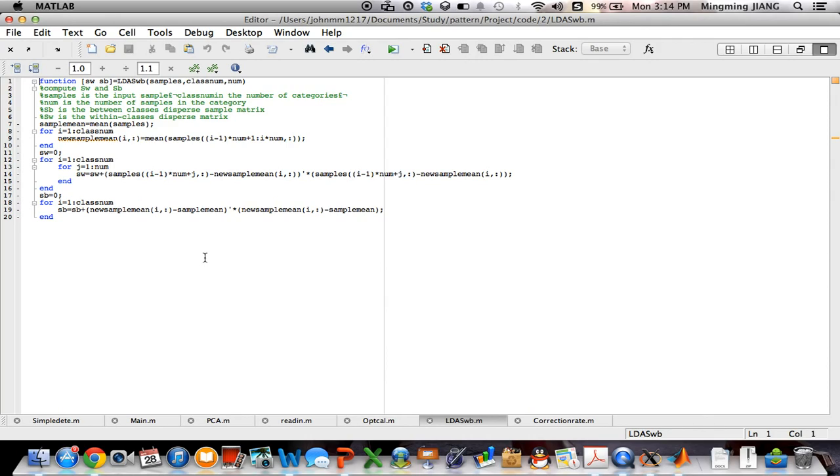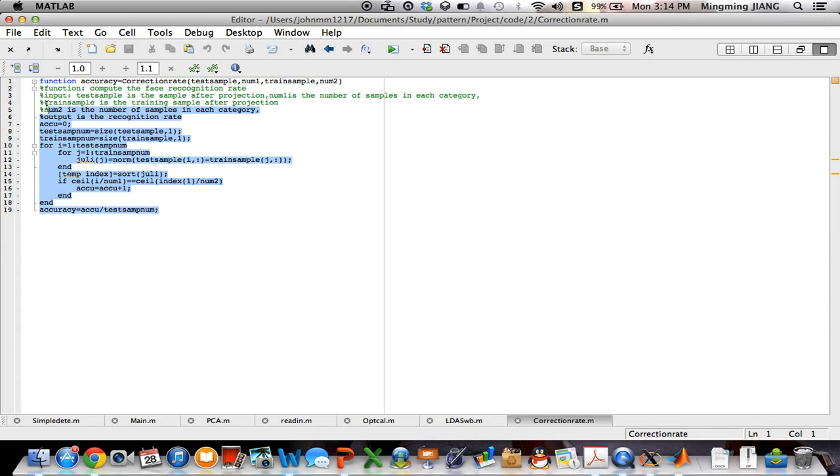This code calculates SW and SB by using the LDA algorithm. This code calculates the correction rate of my project.